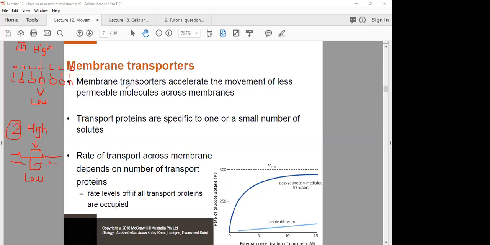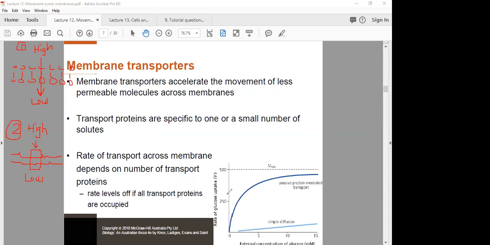Membrane transporters will accelerate the movement of less permeable molecules across the membranes. These transport proteins are highly specific to either one type of molecule, or a very small number of molecules. Let's look at an example of how efficient this system of facilitated diffusion or facilitated transport is.